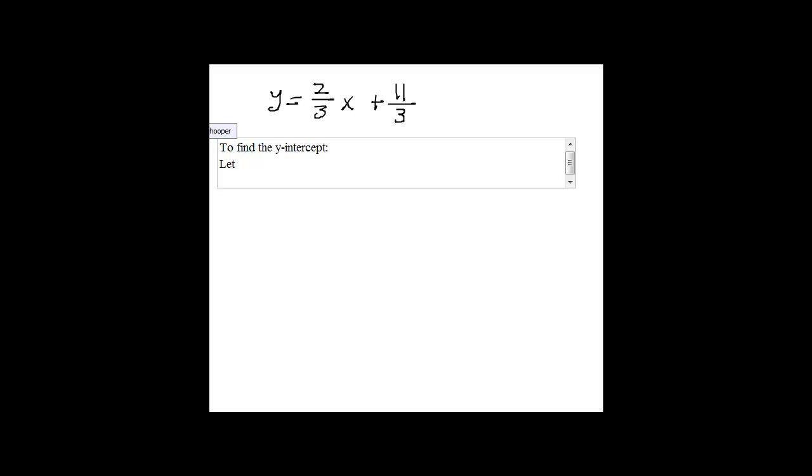To find Y-intercept, let X be equal to 0 and solve for Y. Okay, let's do that.